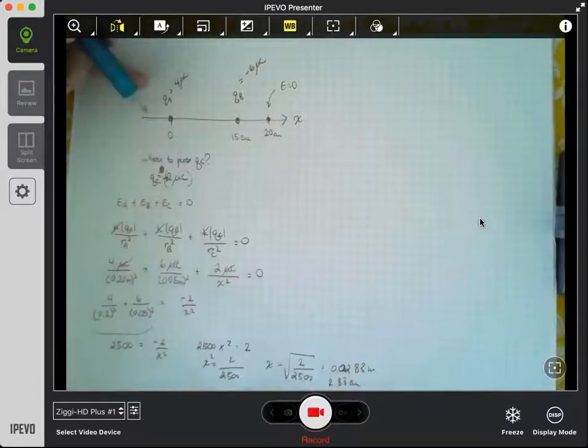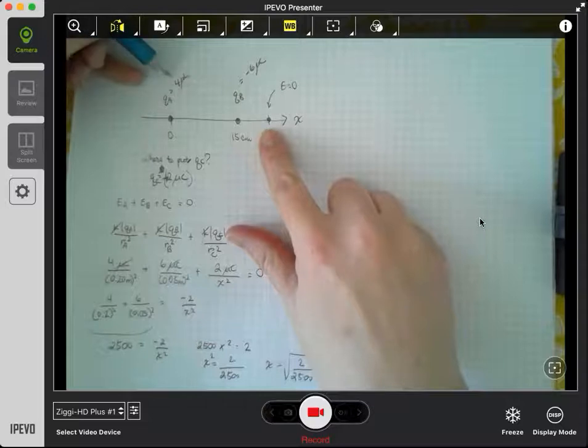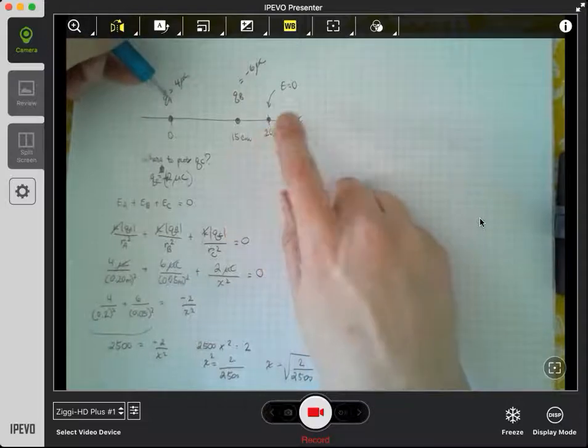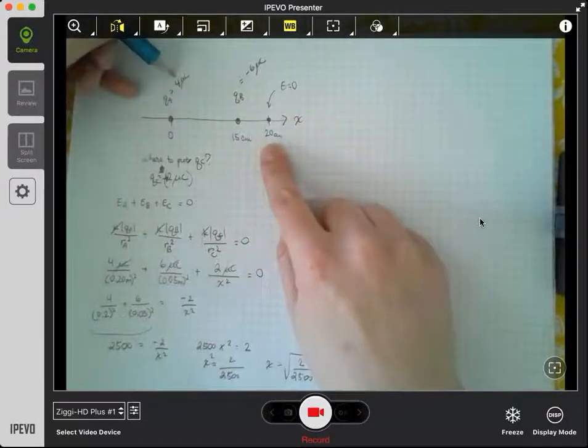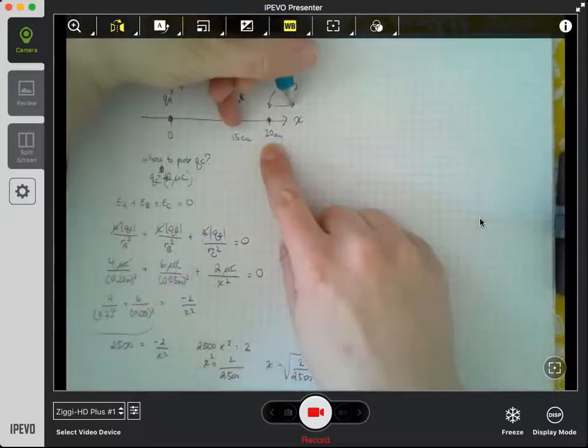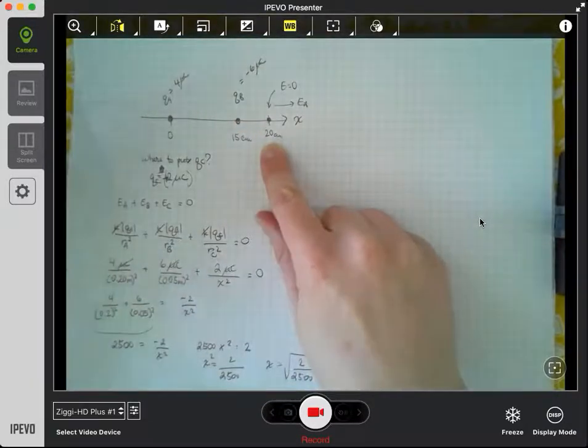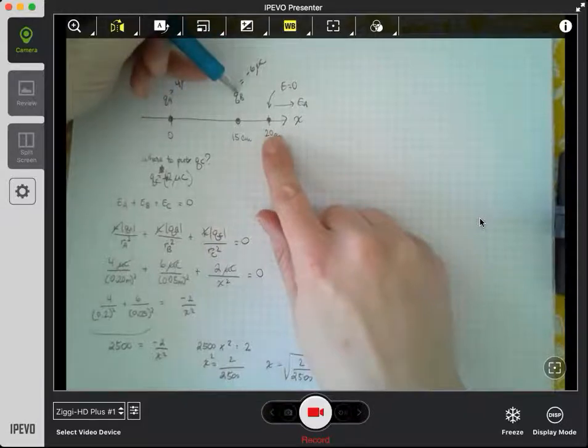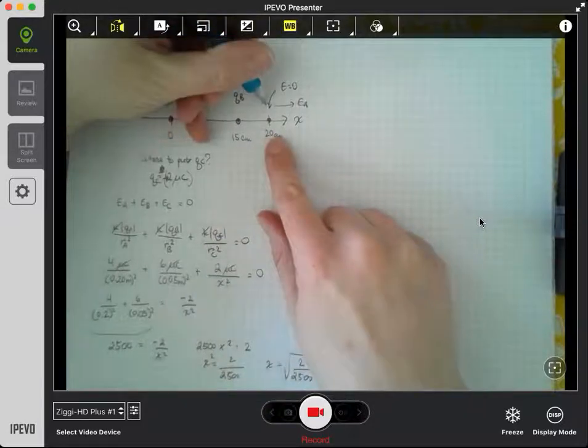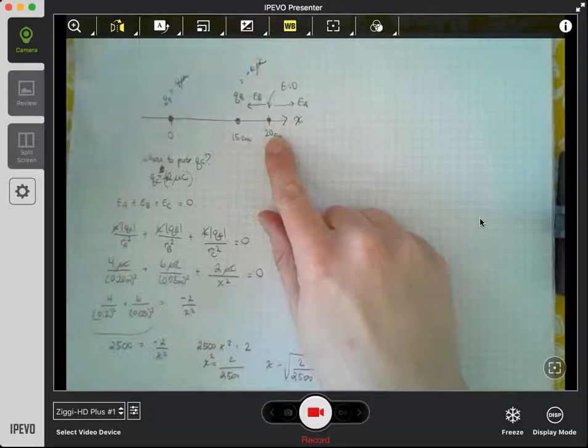The total E field at 20 centimeters due to QA, which is a positive charge, will point away. So E due to A is a positive number. E due to B, however, is a negative number, so it's going to point towards QB, which is EB.